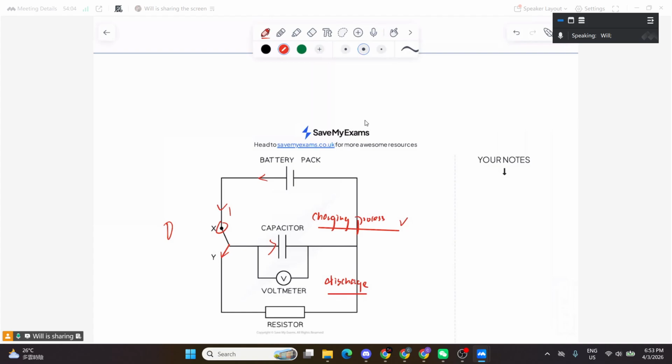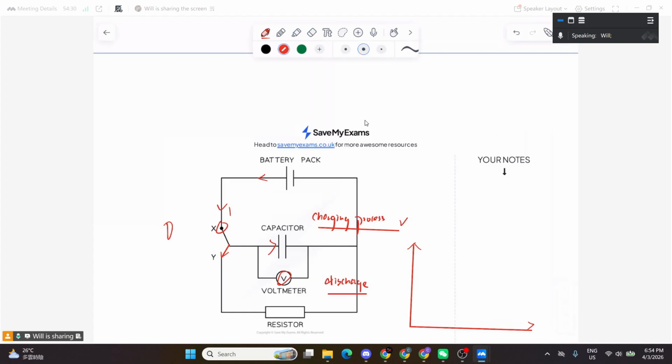We need the voltmeter to measure the initial potential. We use the voltmeter to measure the initial potential of the capacitor, so we can plot the discharging process.